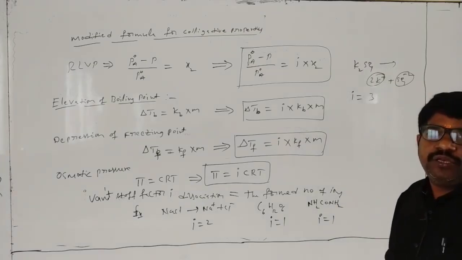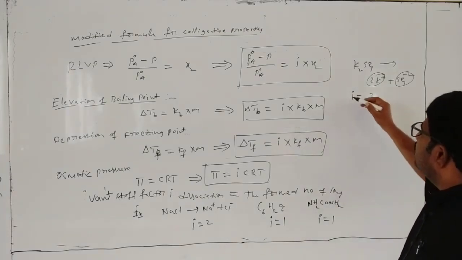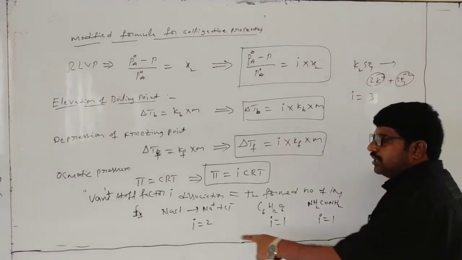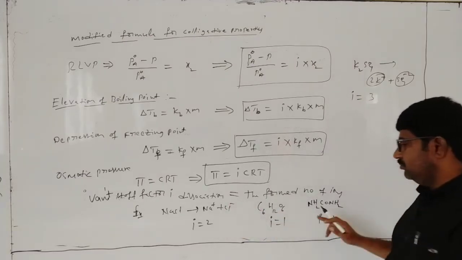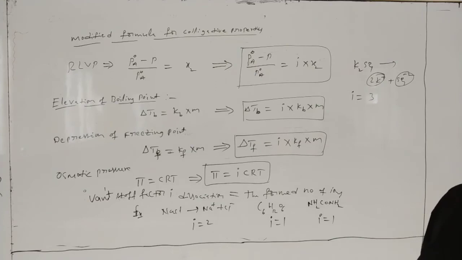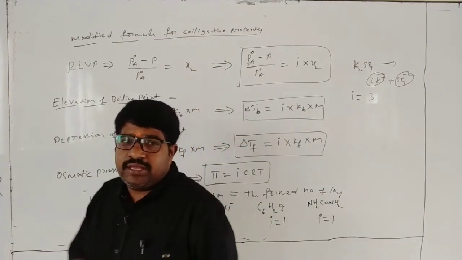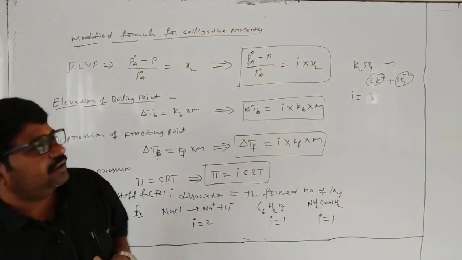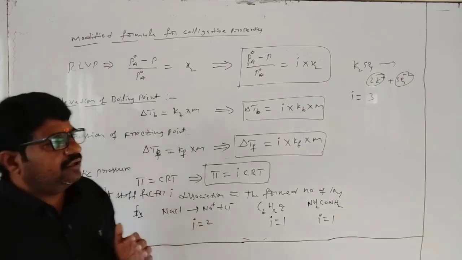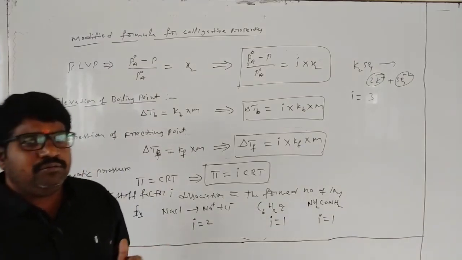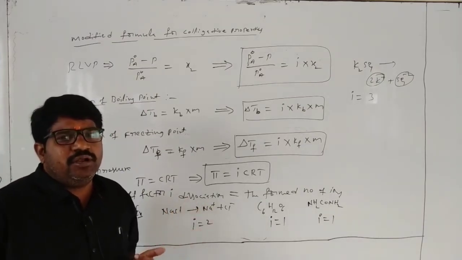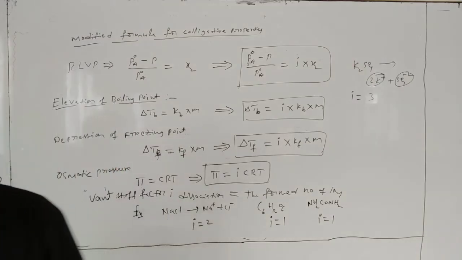So this is the Van't Hoff factor for molecules undergoing dissociation, and how to identify it. These are very, very important. So the theory part of solutions is completed. Now let's see the problems on depression of freezing point.